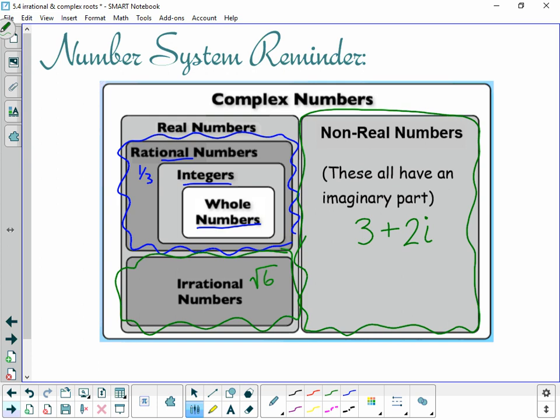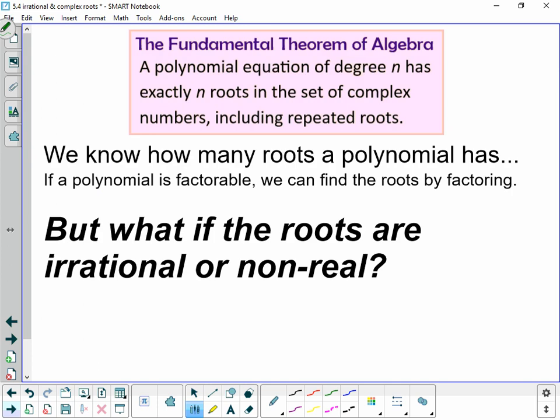Okay, so just remember, the fundamental theorem of algebra means that a polynomial has exactly n roots if it is degree n. We can find those roots by factoring if it is factorable. If the roots are irrational or non-real, we typically can't find them through factoring, so we need another method.